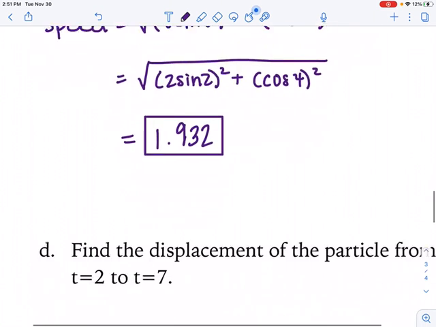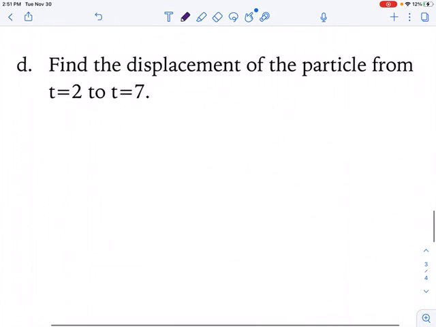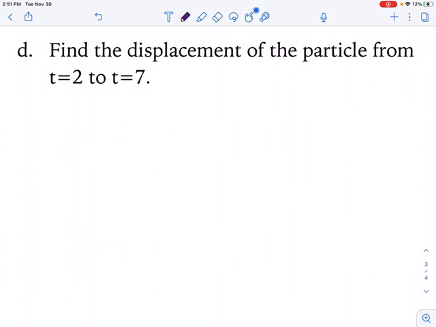Okay, next, let's find the displacement of the particle from 2 to 7.